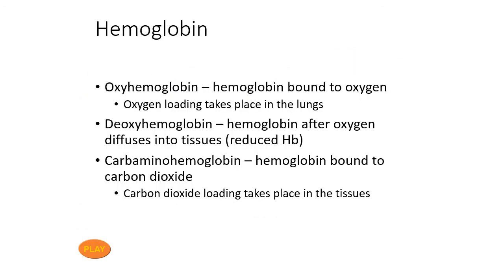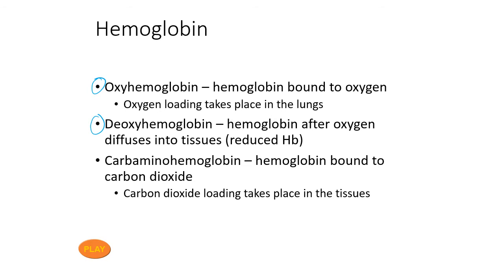As I mentioned, once we have oxygen bound to the hemoglobin, we're going to call it oxyhemoglobin. So to denote that it has oxygen bound to it, we have the oxyhemoglobin. From there we have deoxyhemoglobin. So once the oxygen is gone from the hemoglobin, so there's nothing else bound to it, it is going to be deoxyhemoglobin.